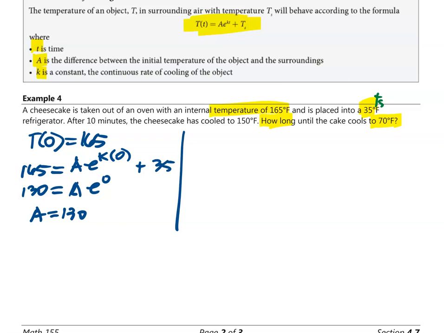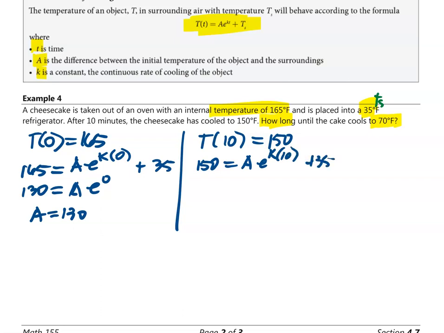And then it says after 10 minutes, so you can say that at t equals 10 the cheesecake has cooled to 150 degrees Fahrenheit. So this is equal to 150. So let's do the same thing here. So 150 is equal to A e to the k times 10 plus 35.